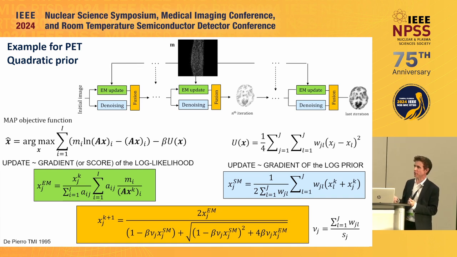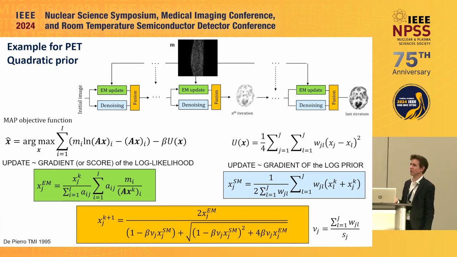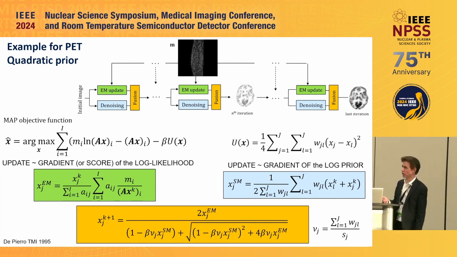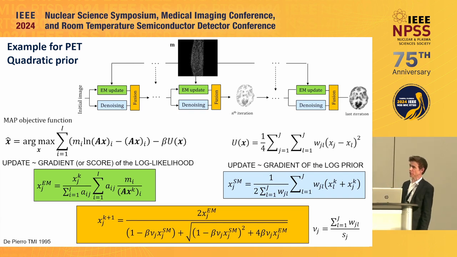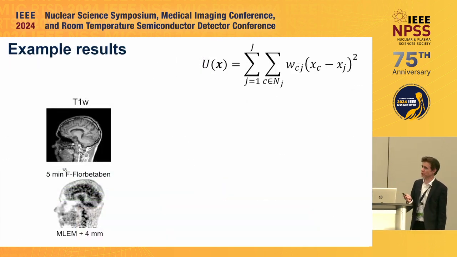This is the De Pierro method, but also Ahn and Fessler have come up with a very elegant version of this. And so I always look to that paper when I see that expression on the right-hand side there. But loosely, it's taking us in the direction of higher probability as defined by our quadratic penalty function there, the U of x.